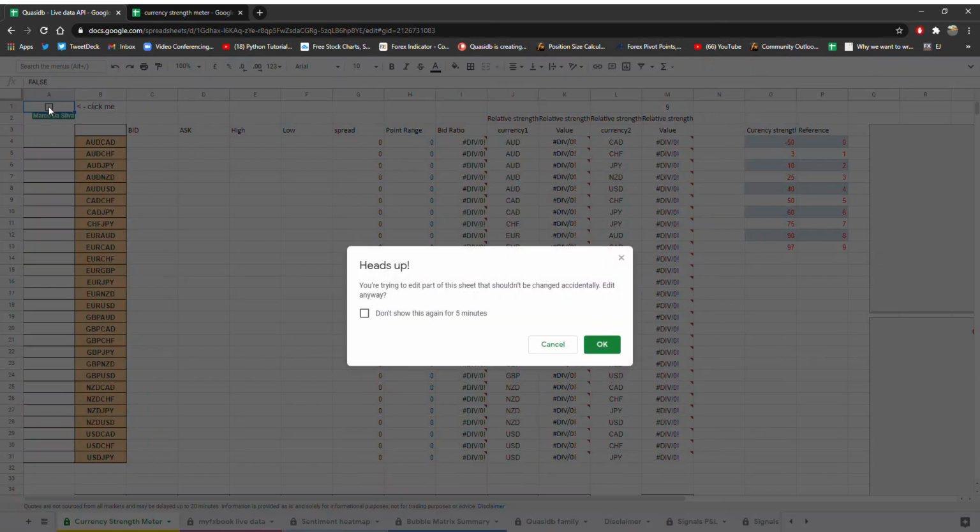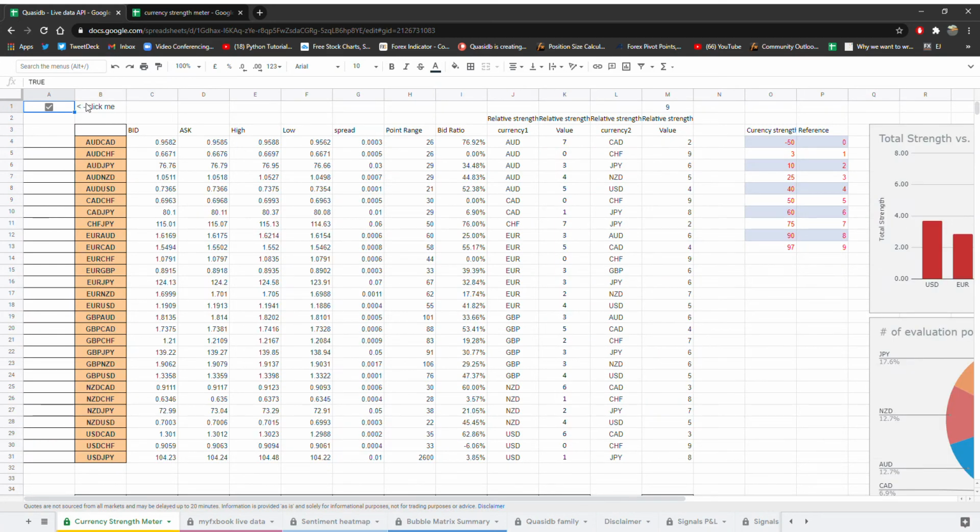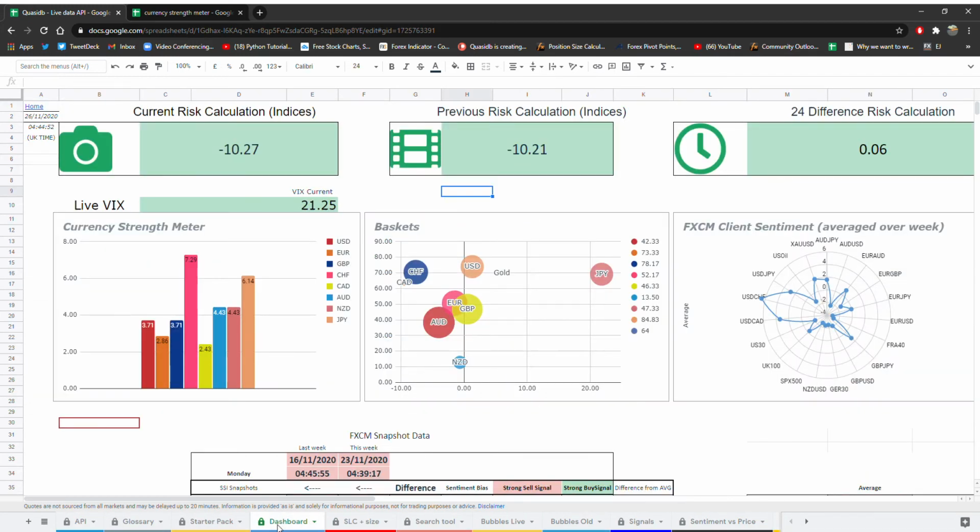You check it again, and it downloads the data via XML. If we go back to the dashboard, remember it was 6.57 before, and now it's 6.14. So it's telling us that the yen is decreasing, which it should, and that's normal.